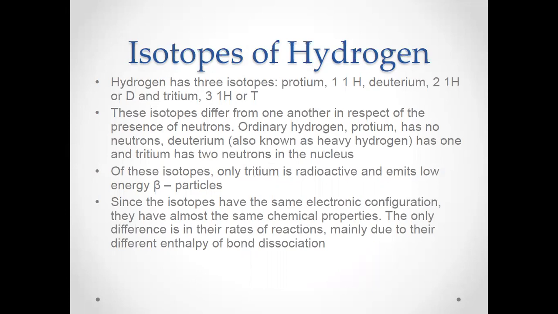If we talk about a normal hydrogen atom, it is considered to be protium, which has one atomic mass and one atomic number. So it does not contain any neutron. But in the case of the two other isotopes, deuterium and tritium, neutrons get added, so the mass number increases, but the atomic number remains the same. In all of them the atomic number is 1, but the mass number is 2 in deuterium and 3 in tritium. So the mass number changes because of the increased number of neutrons in the nucleus.